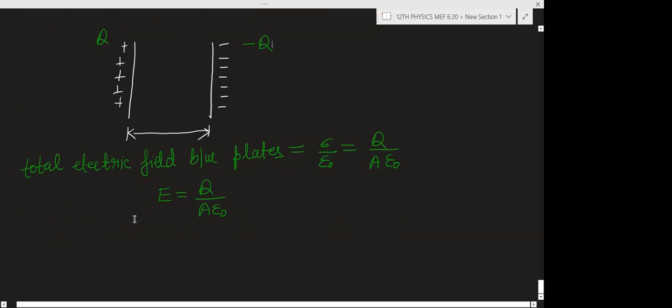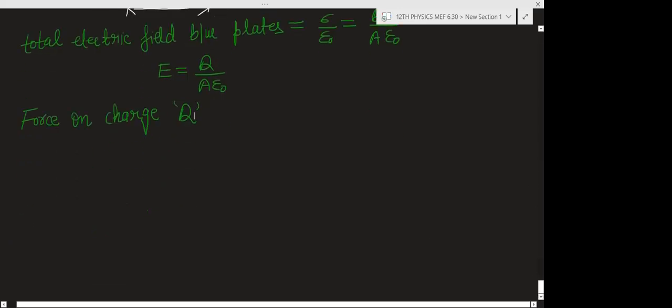And if I want to calculate the force on charge plus q, we have a formula. Force is equal to charge into electric field. F is equal to QE in electrostatics.